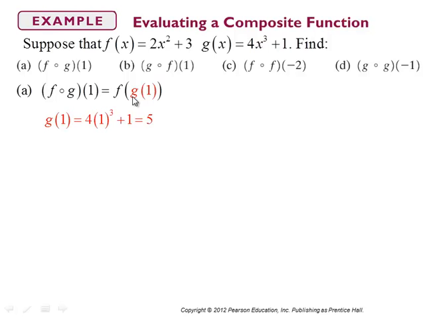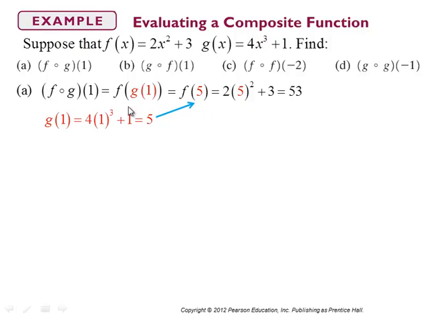So g of 1 is 5, so now we're looking at doing f of 5. And what's f of 5? f of 5 is 2 times 5 squared plus 3. But 5 squared is 25, times 2 is 50, plus 3 is 53. So f composed with g of 1 is equal to 53.